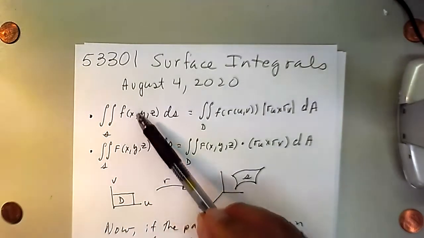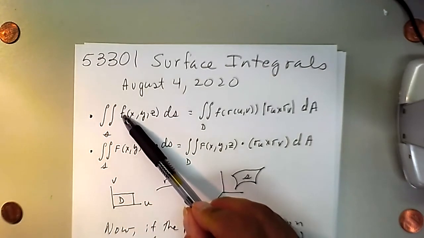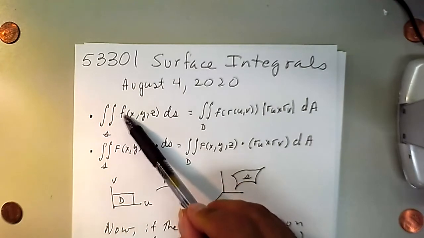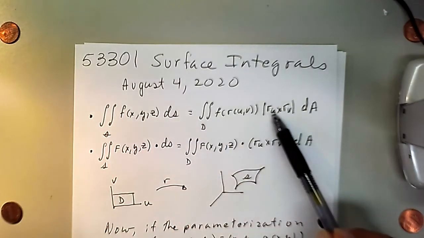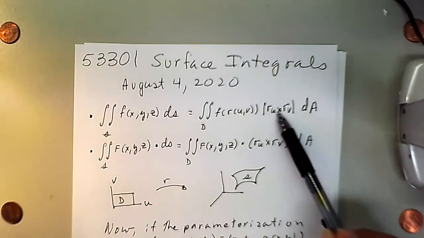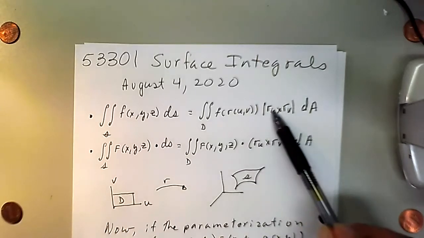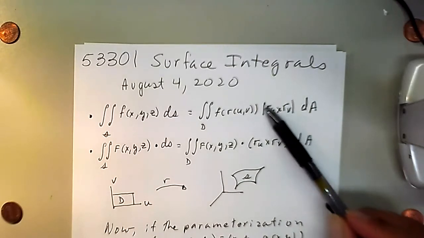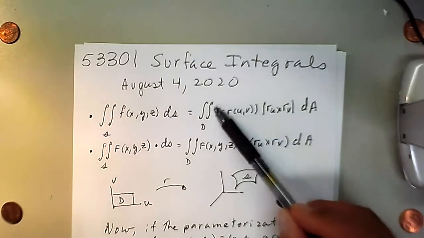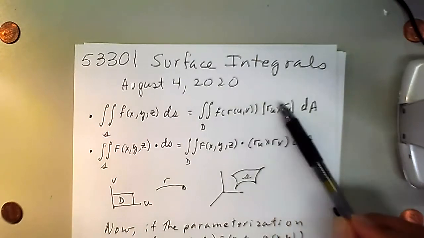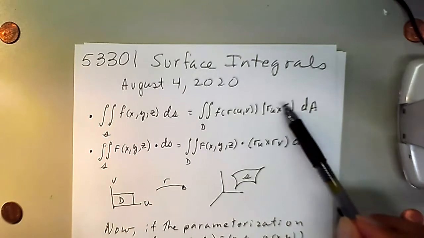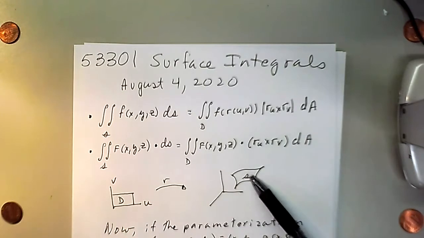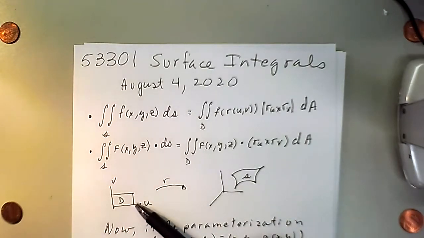If we are integrating a function of several variables whose output is a scalar, then what we do is find the cross product of the partial derivatives of R with respect to U and V respectively, and then we find the magnitude, because this is a scalar and so we want to multiply with another scalar, and then we find the integral over this region as opposed to this surface. This makes things way easier.